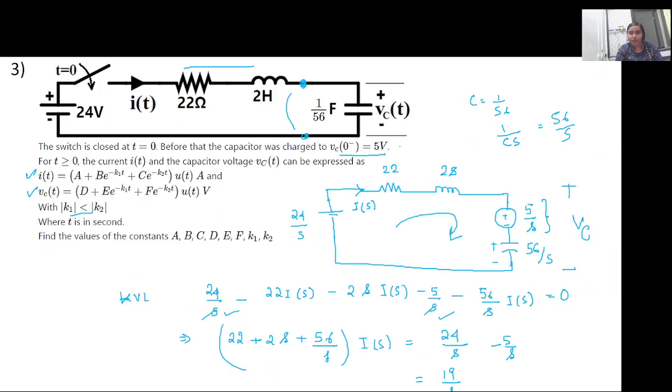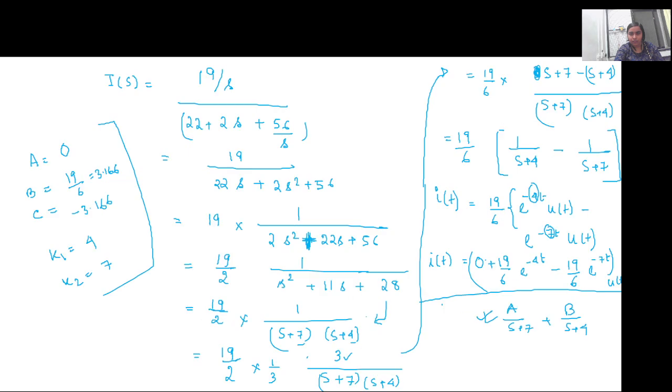So VC will be, in terms of S, let us write, the initial voltage 5 of S plus whatever the voltage drop will be from here to here, right? Whatever the voltage drop will be from here to here.